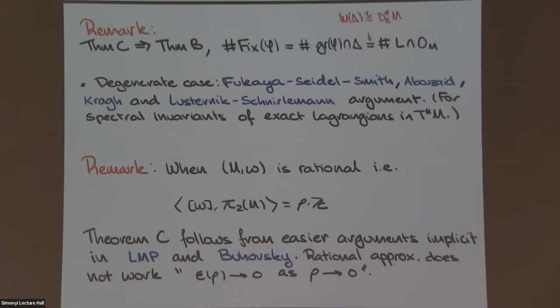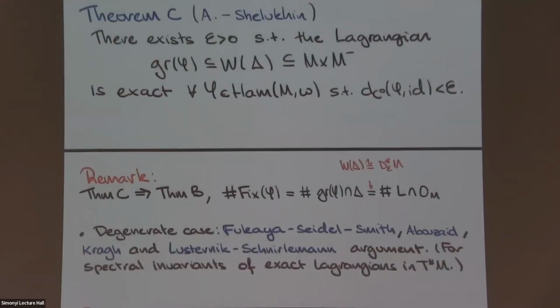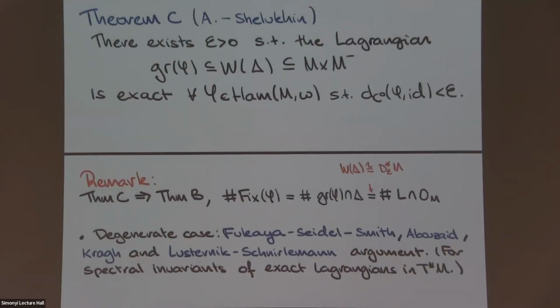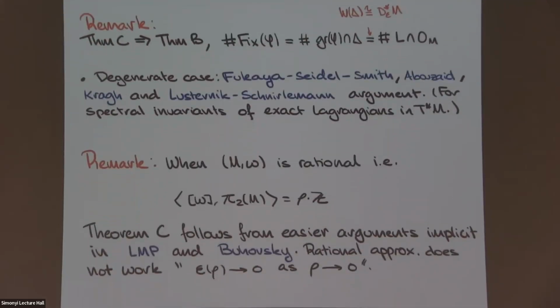And just a remark, if we knew that the symplectic manifold were rational, so the symplectic areas of spheres formed a discrete subgroup of the reals, then theorem C, which is the theorem about exactness of the graph, would follow from easier arguments which are already implicit in the work of Lalonde, Todorovic, and the work of Buhovsky, basically showing that the norm of the Liouville form is somehow controlled by the C0 distance.